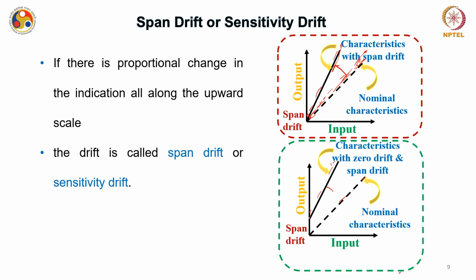If there was only zero drift, the output was expected something like this. Now, if this characteristic has zero drift along with the span drift, the drift occurs something like this or something like this. So, this is actually characterized by the proportional change in the indication in the complete scale of the instrument.